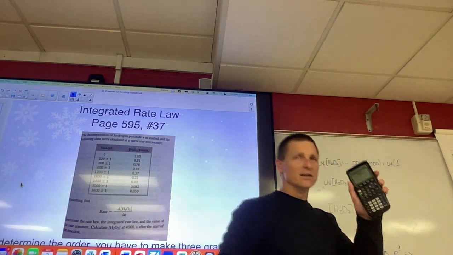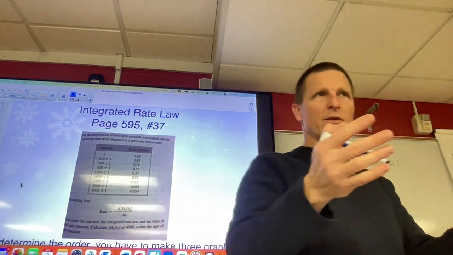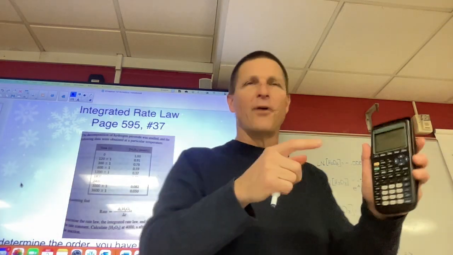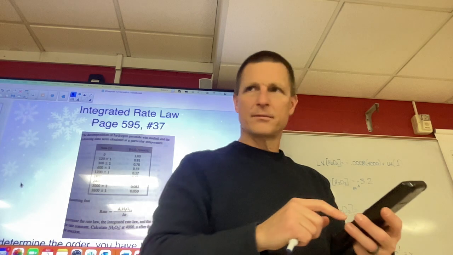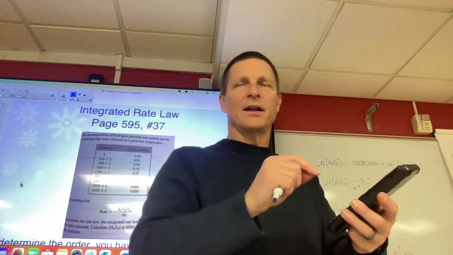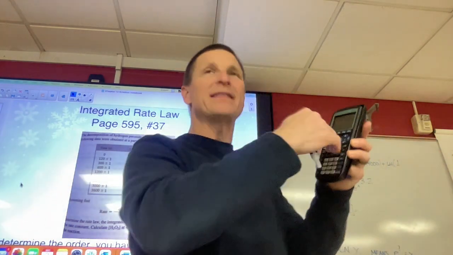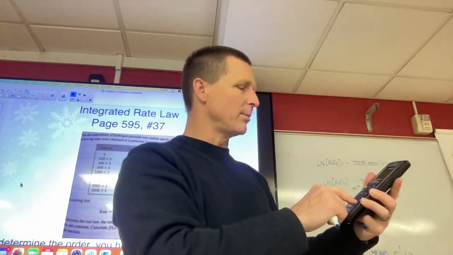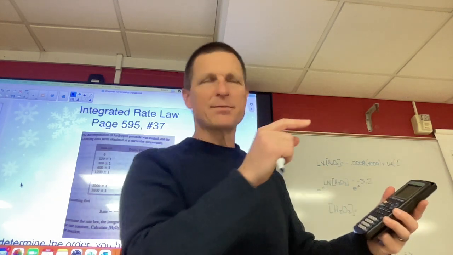So on your calculator, find the ln button. Go ahead and take your calculator out if you don't have it out already. And not your phone calculator. That Apple calculator is not great. Yeah, you can turn it sideways. Find the ln button. And then on the body of the calculator, right above the ln, where you have to hit second function ln, should be e to the x power.